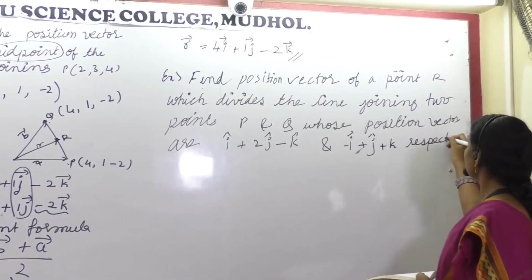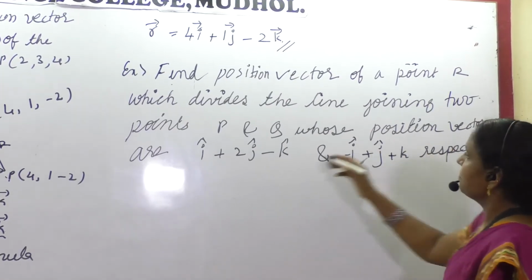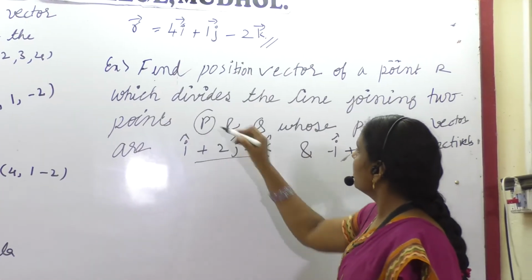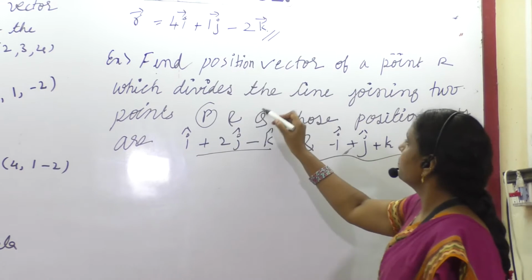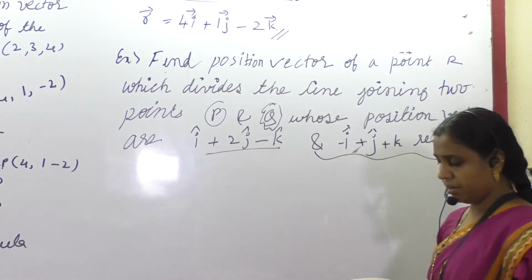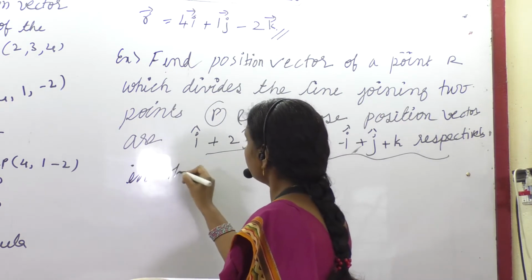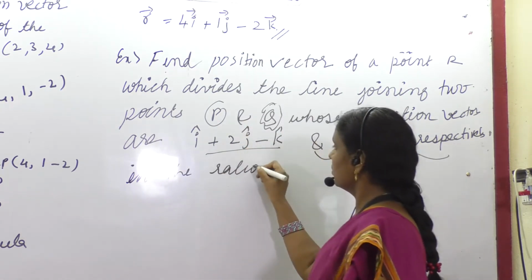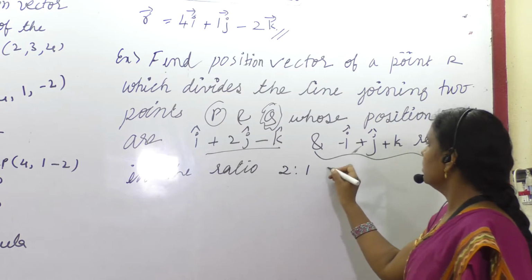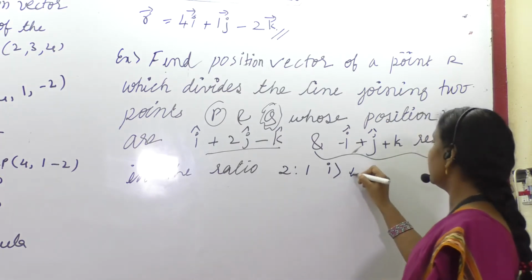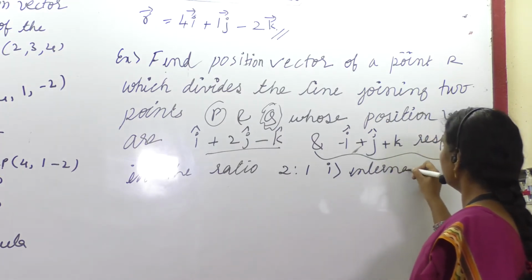Respectively means this is for P and this one is for Q. Got it? In the ratio 2:1, first sub question internally, second sub question externally.